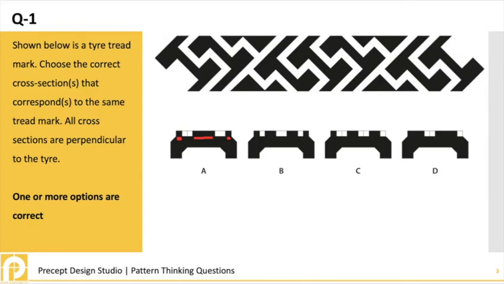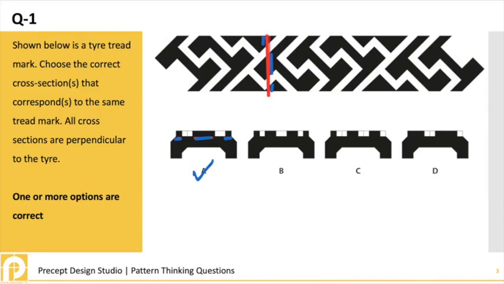One possible place that one can see that kind of cross section is somewhere here, where you see a smaller cross section here, a longer cross section, and a smaller cross section here, which is very similar to what we are given in the question figure. So yes, option A is correct.